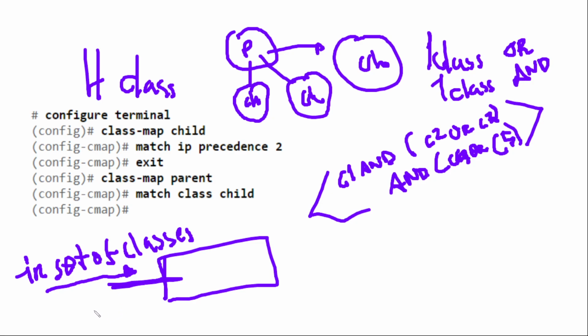And you can configure an outbound set of classes in the same interface that is going to classify the traffic that wants to exit your switch. So bear in mind that you will have inbound classes and outbound classes.